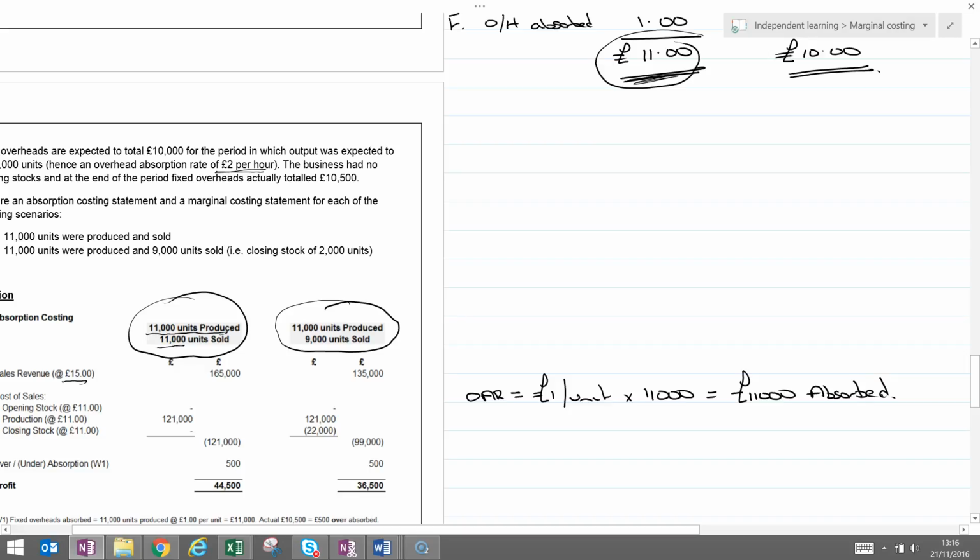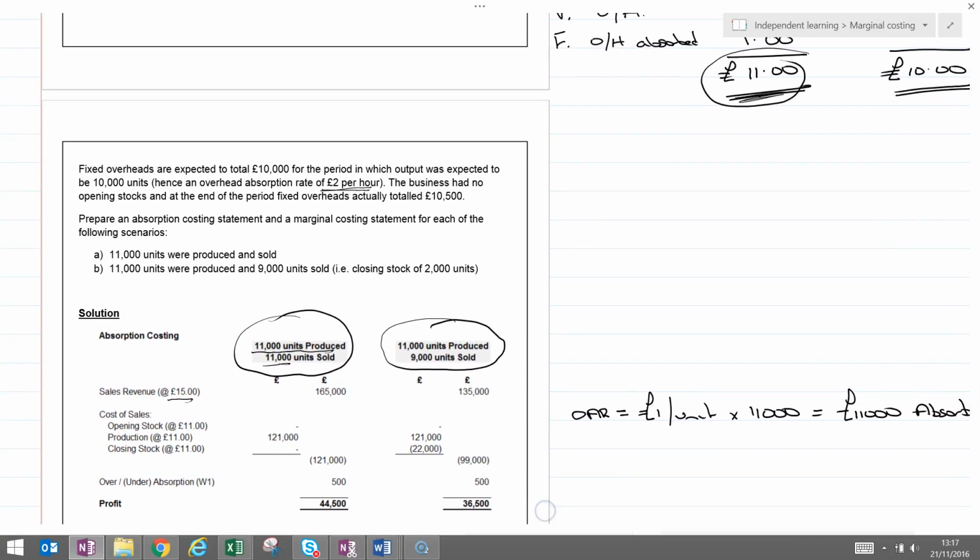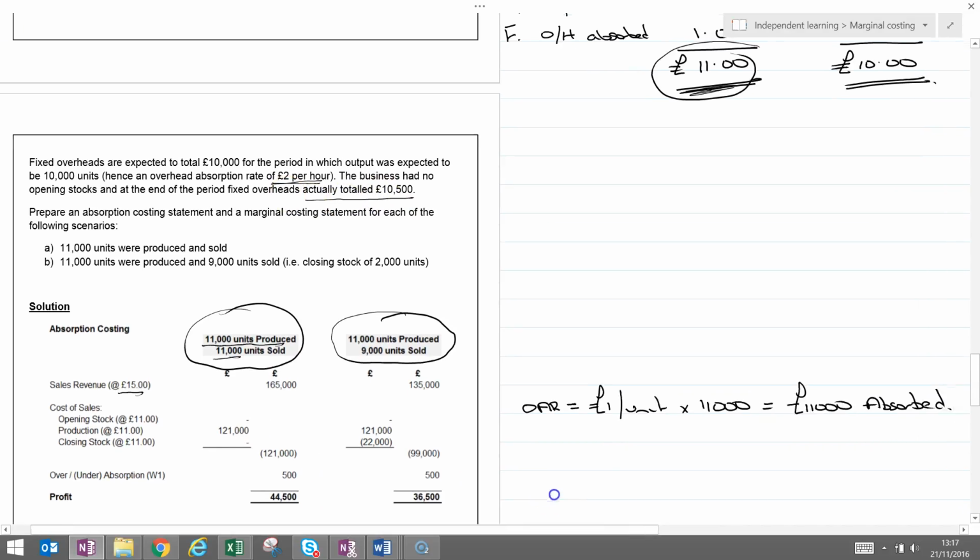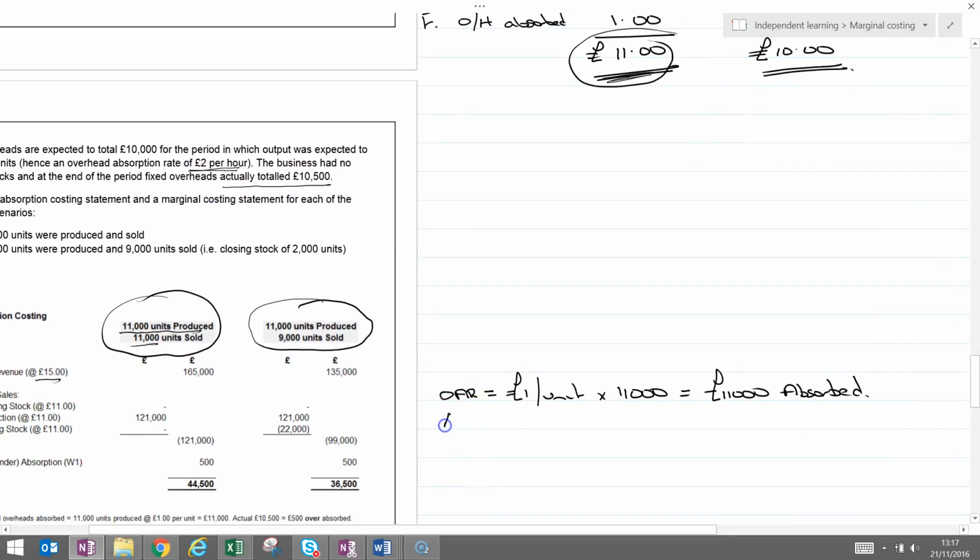We were told that at the end of the period, fixed overheads actually totaled 10,500. So we have £500 over absorbed.